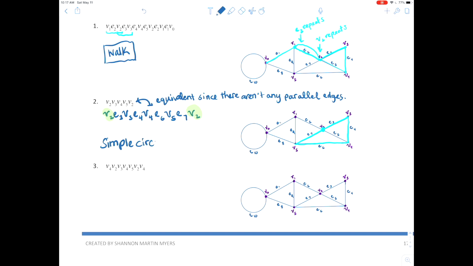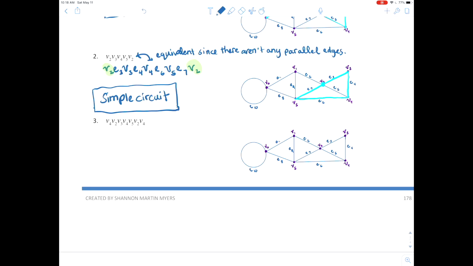Do you see what we just did there? We knew that it was a closed walk. So once we knew it was a closed walk, we knew that it was either a circuit or a simple circuit.